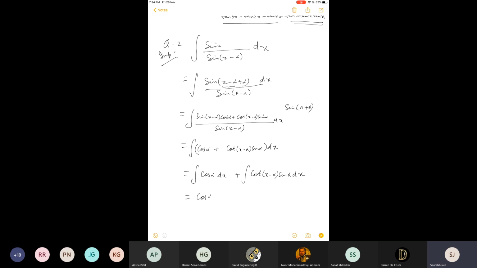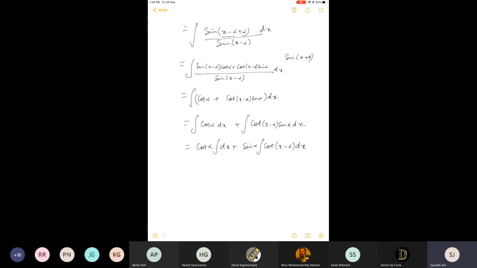Now let's take cos alpha outside the integrand. Okay, now we integrate. Integration of 1 is x, so this will be x cos alpha.